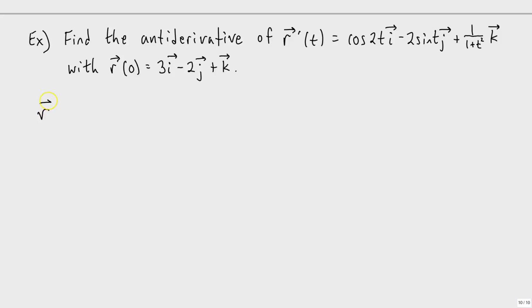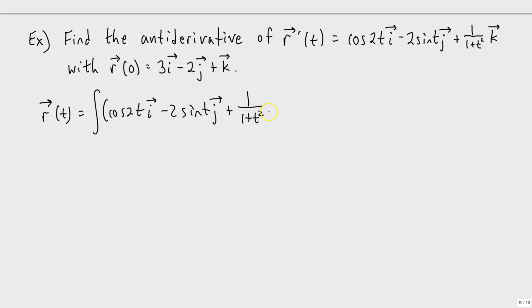So r, it's a pretty goofy looking r, I apologize, would just be the antiderivative of cosine 2t i minus 2 sine t j plus 1 over 1 plus t squared k with respect to t.